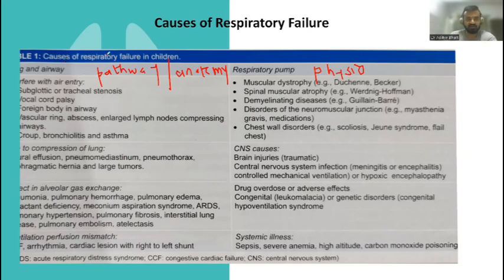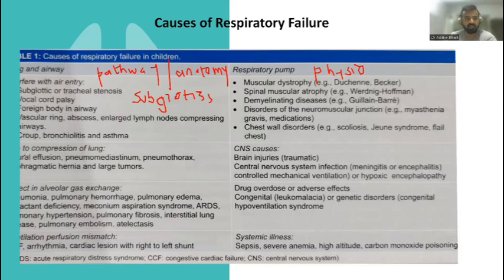In the cause of respiratory failure, as you know, the smallest area is the subglottis in the pediatric population, while it is the glottis in the adult population. So the subglottis is the most narrow area in the pediatric airway.